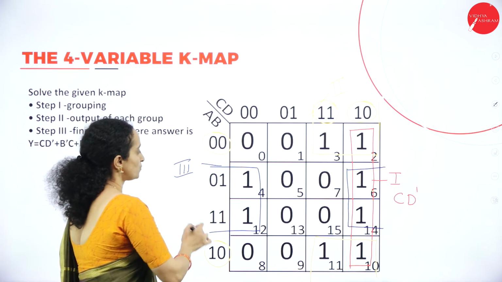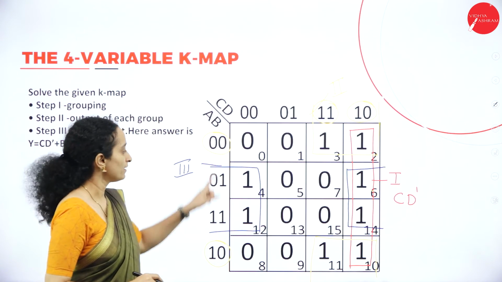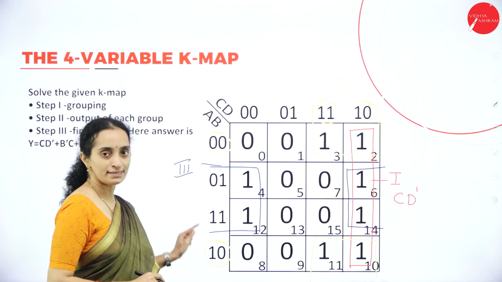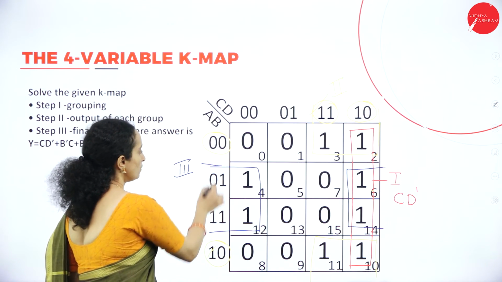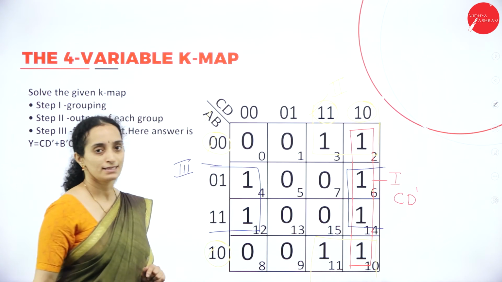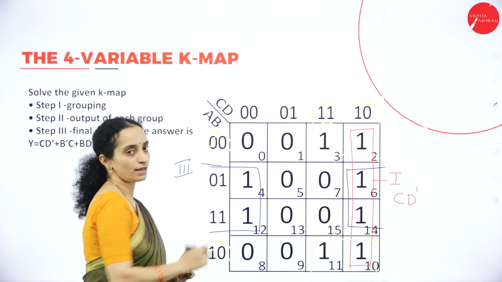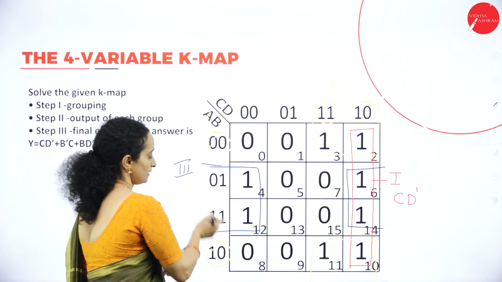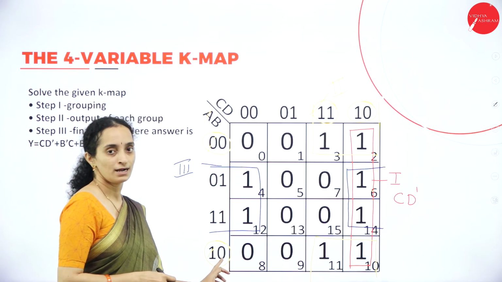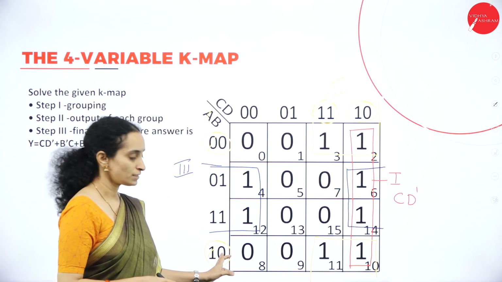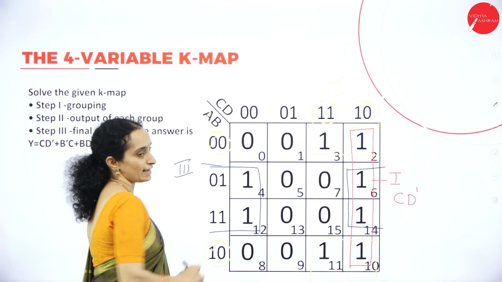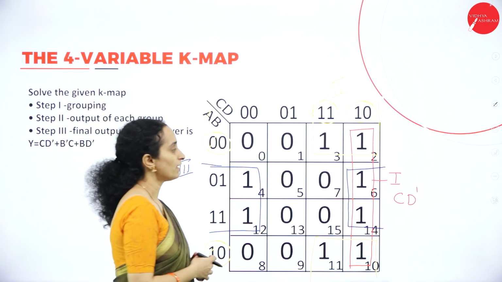When you compare these two, the variable A is changing its state, isn't it? Complement and non-complement form. So, what you have to do is cancel the variable A. Next, when you check with the variable B, B is having a constant state. That means in both the rows, it is in the complement form. So, it will be B dash. You can consider the B variable.